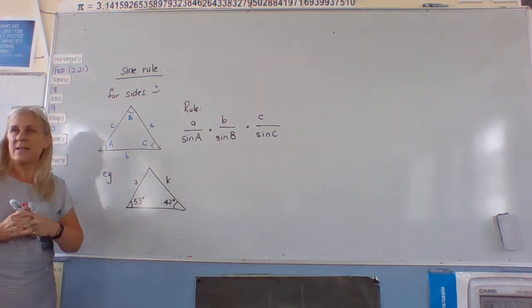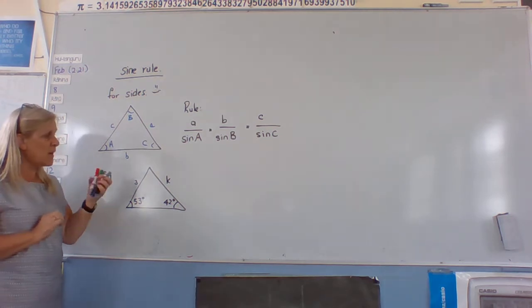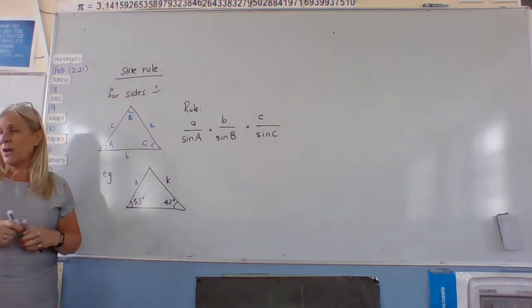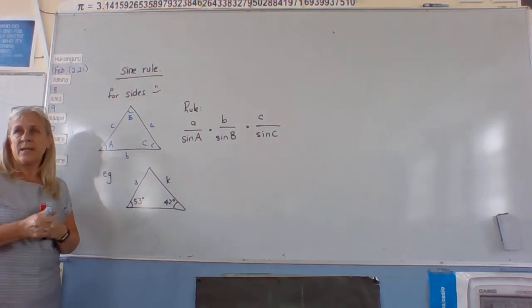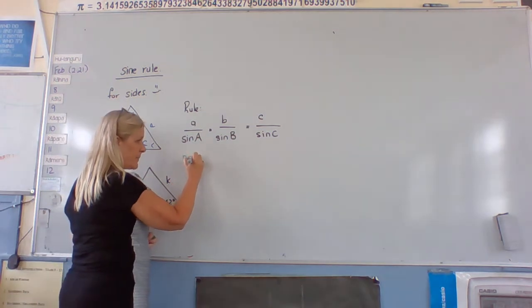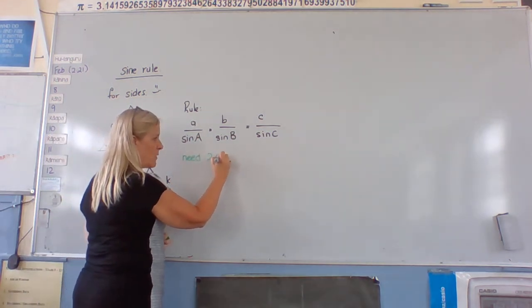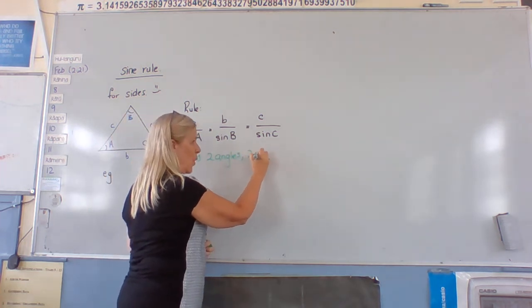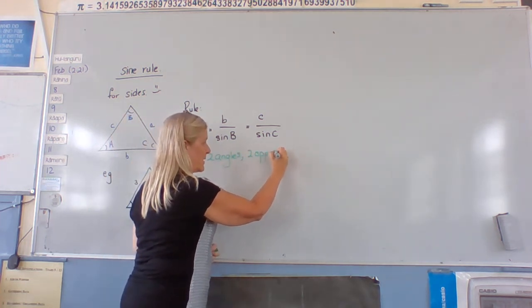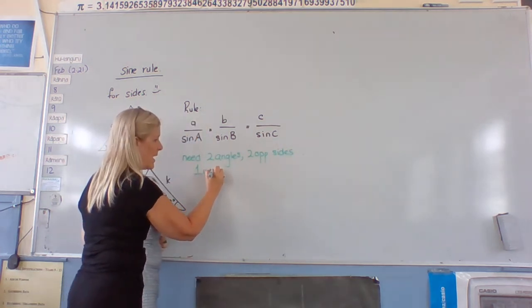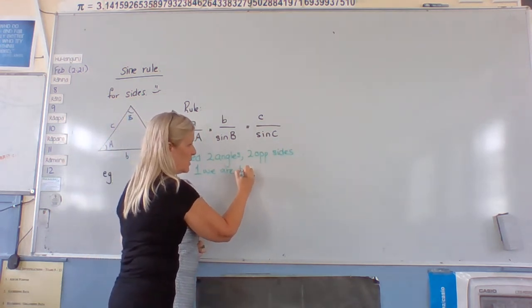We need to use the sine rule, we need 2 angles and 2 sides of which one of them is the side we're trying to find. So we need 2 angles, 2 opposite sides, one we are trying to find.